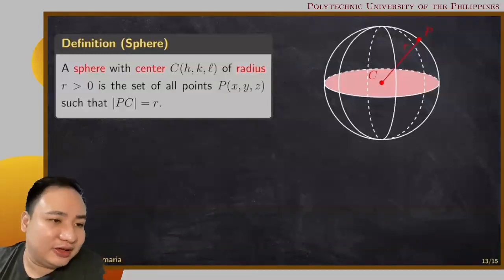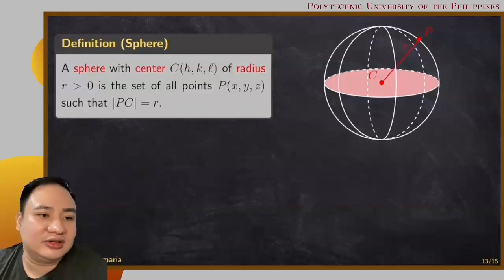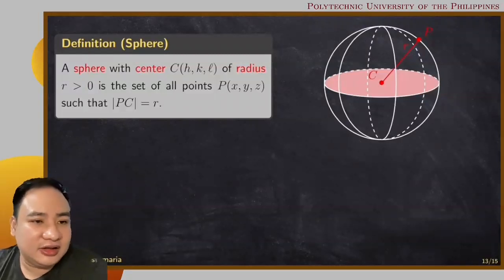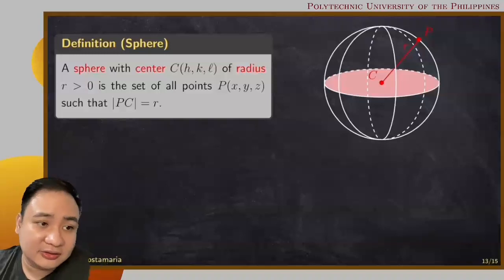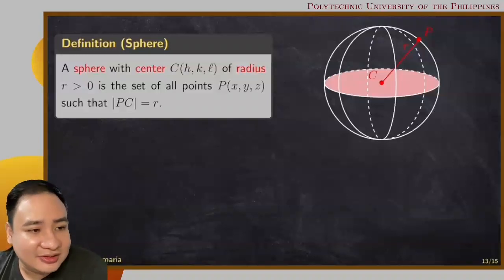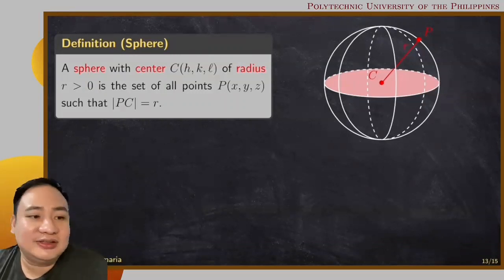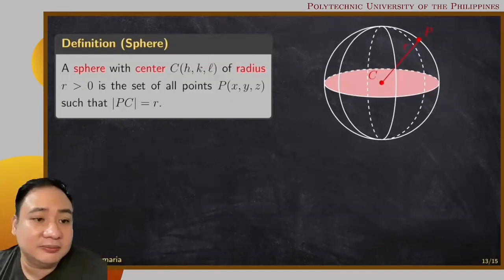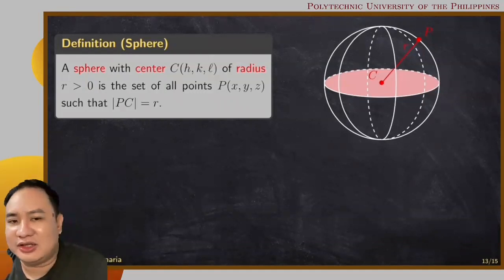So a sphere with center C, coordinates (h, k, l), and radius r, which is greater than 0, is the set of all points P with coordinates (x, y, z), such that PC, or the length of PC, is exactly r all the time, kahit anong P. No? In pictures, alam naman natin ang itsura ng sphere talaga. No?